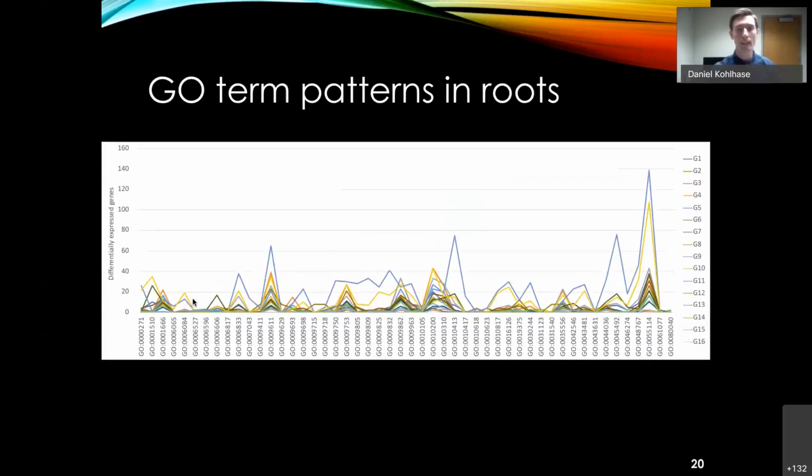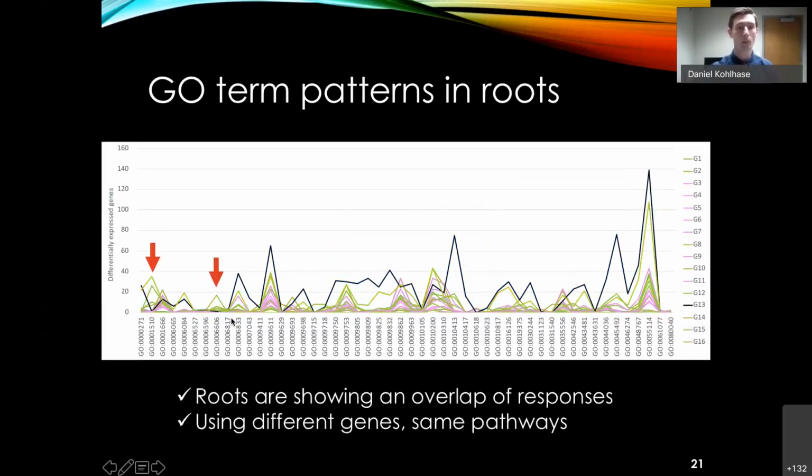So when we look at the same pattern in the roots, we can see that there's a lot more overlap between genotypes. And then again, when we change the colors of the lines to reflect the phenotypic groups, we can see this overlap remains. They don't separate by phenotypic class.